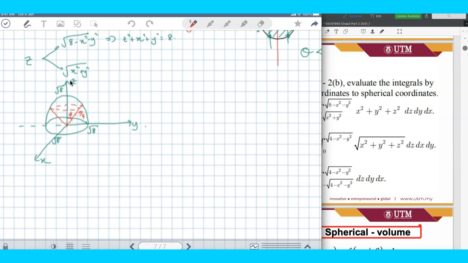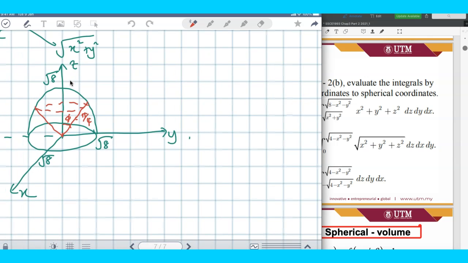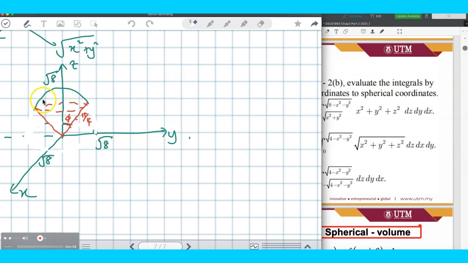So your solid is an ice cream cone-like surface. What I mean by ice cream cone: the top part of the sphere gives you the ice cream, and the cone is part of the cone.